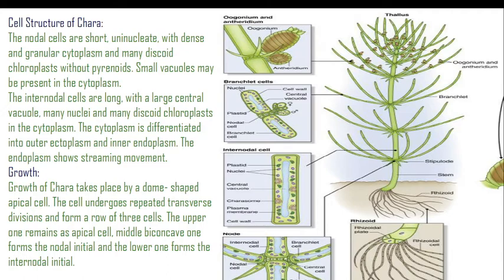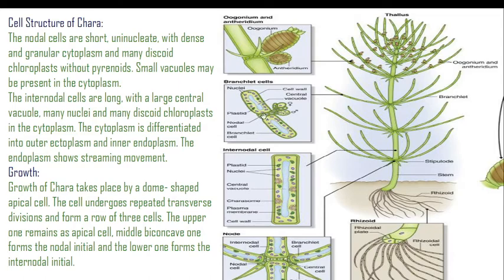These cells undergo repeated transverse division and form a row of 3 cells. The upper one remains as the apical cell, the middle concave one forms the nodal initials, and the lower one forms the internodal initials. So in this way, the growth takes place in Chara.